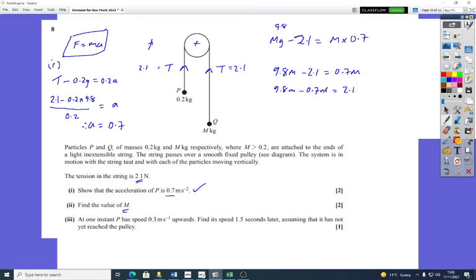That will be 9.8 m take away 0.7 m will give me 9.1 m equals 2.1. So m would equal 2.1 divided by 9.1, which is 21 over 91, and to three significant figures that's 0.231. Now don't forget mass is in kg, so that's 231 grams if you want.